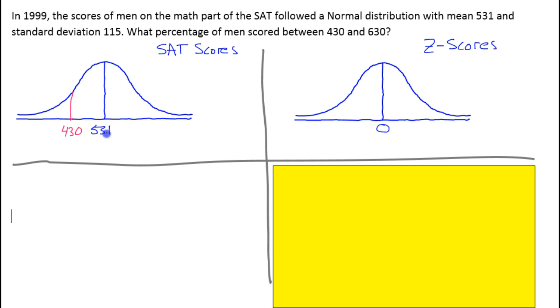And then 630 is bigger, so I'm going to put that over here on the right. And we're supposed to find the percentage of men who scored between these two numbers. So that would be this area of the graph that I'm coloring in yellow right now.